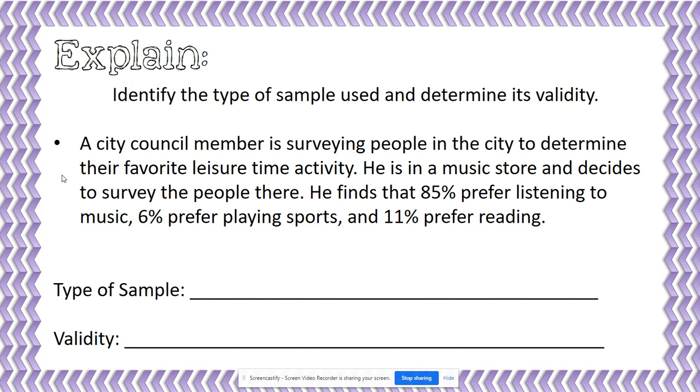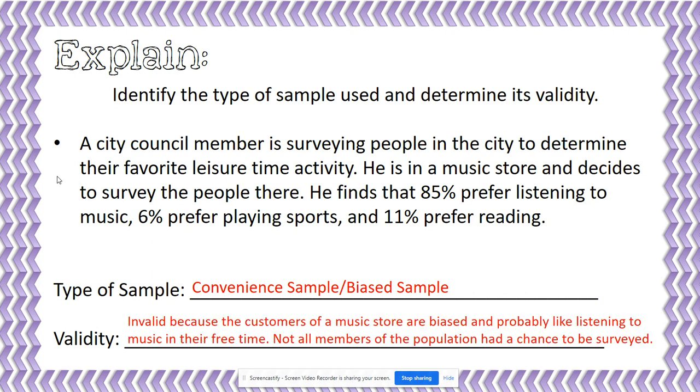So because of this, I could say that this was a convenience sample, or I could also argue that it's a biased sample because I'm unfairly representing one group of people. Both of these would be good samples to call this. Because these are biased samples, I know that the conclusion that the city council member made is invalid.